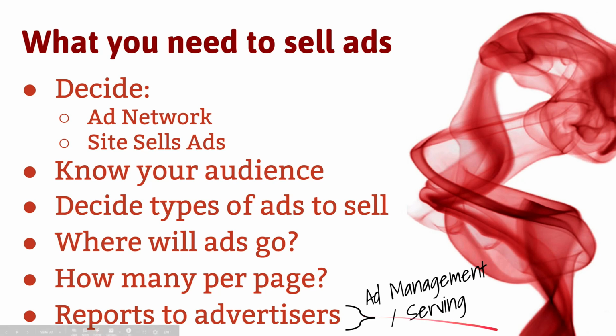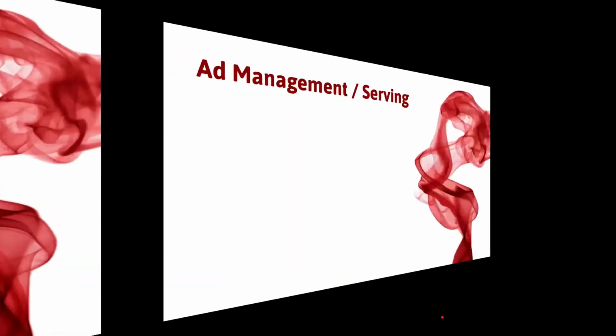And this is all called ad management and ad serving. It's another component if you decide to sell the ads yourself. Advertisers are going to insist on this. They're not going to give you money and then not see how those ads are being managed and served. So you have to be part of that.